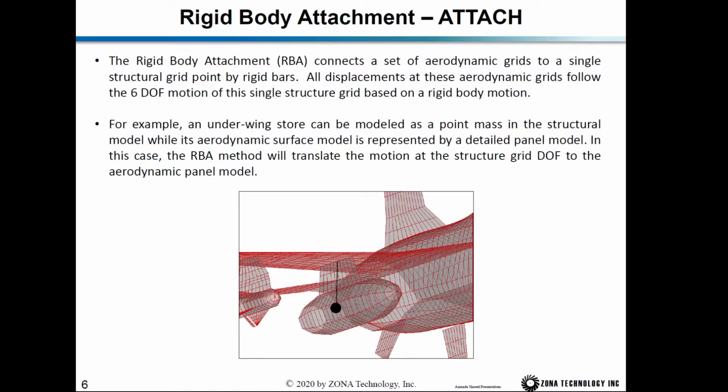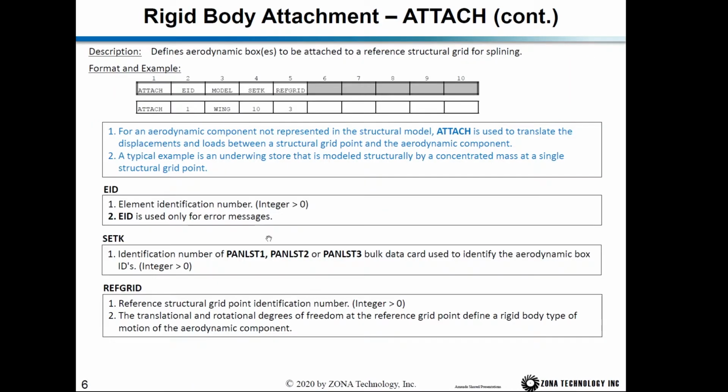And if this is the case, but aerodynamically you have to model the store by body 7, then you can use this rigid body attachment method to attach all the aerodynamic panels to this single structural grid point. The card name is called attach, and you have EID. For an aerodynamic component not represented in the structural model, attach is used to transfer the displacement and the loads between the structural grid point and the aerodynamic component.